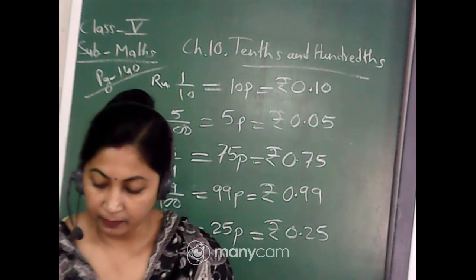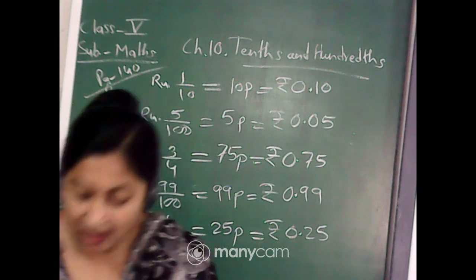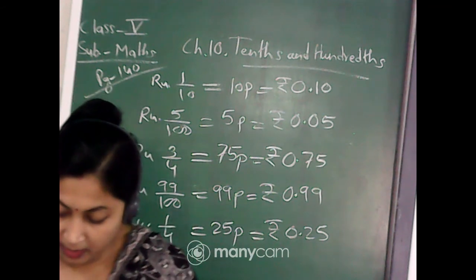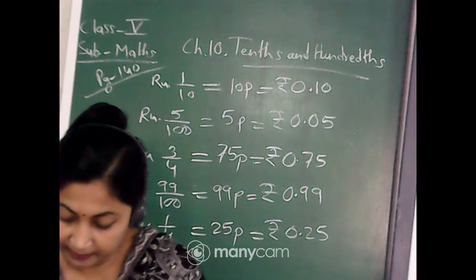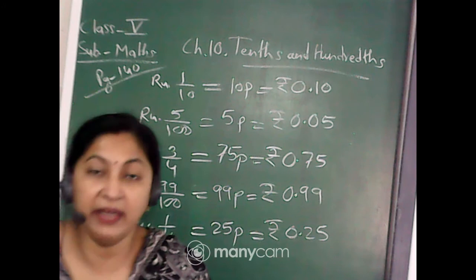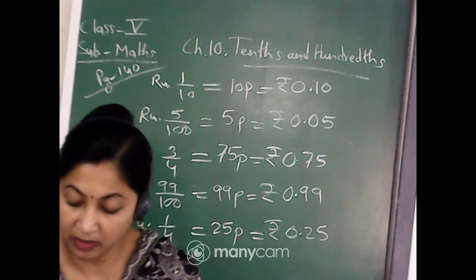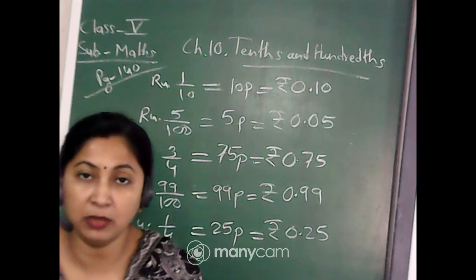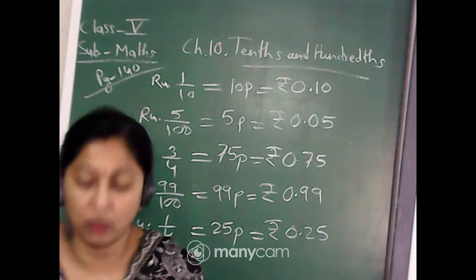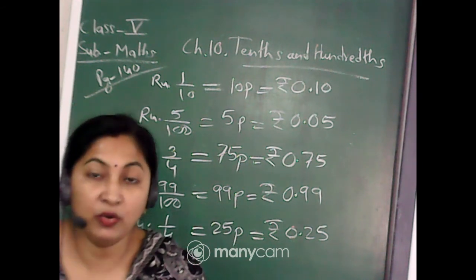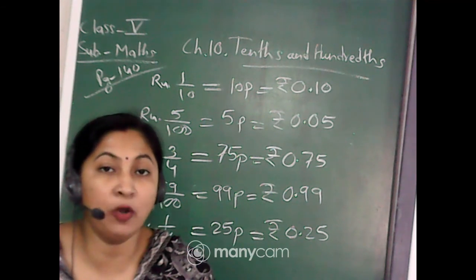Clear? Now come to the next topic, colorful design. This colorful design you will read at home. It is very easy. Try to do the first and second question in the book. And one more thing, whatever we have done today, you will do it in the copy also.